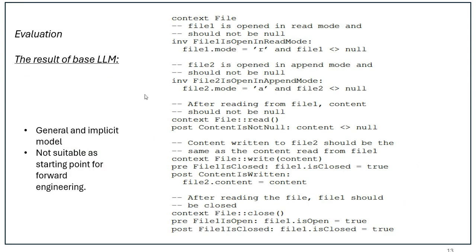If we didn't use fine-tuning, then the LLM produces quite general specifications which express generally the idea of the source program, but they're not useful for forward engineering, and they're often quite implicit. So the fine-tuning improves the utility of the reverse engineering process.